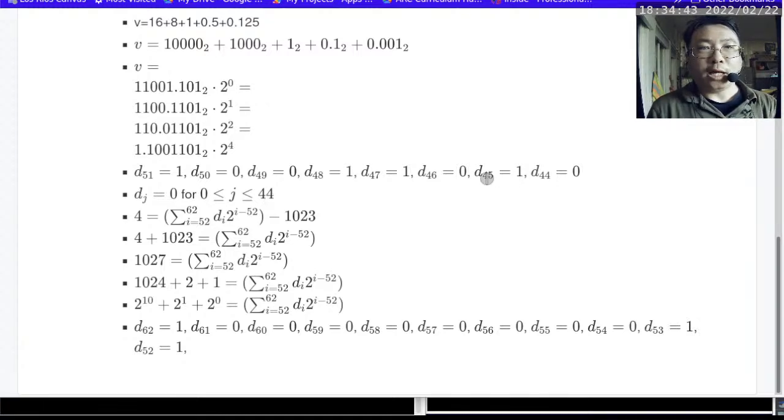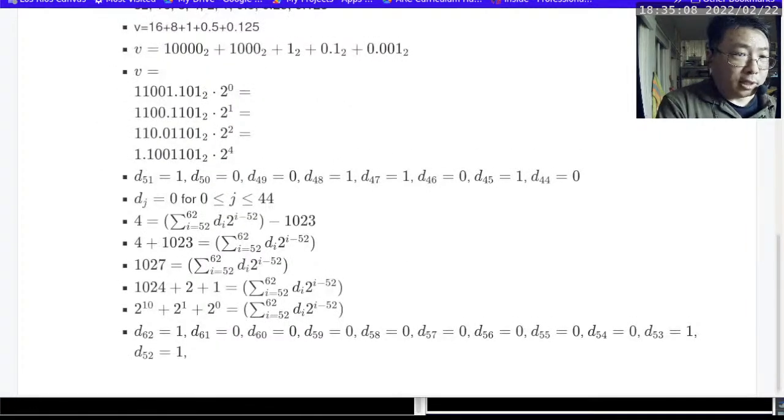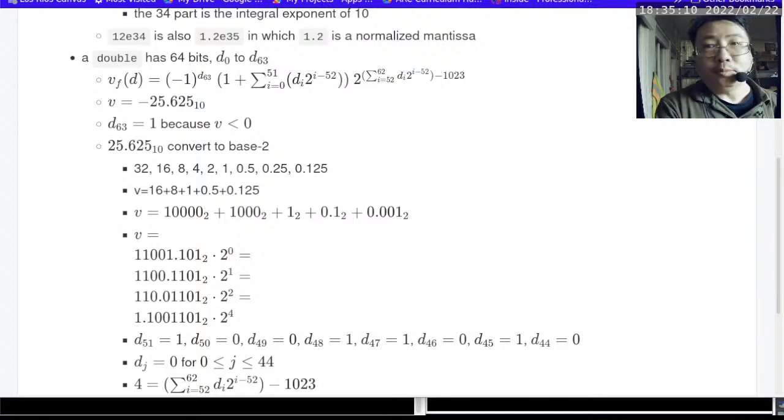Bit 45 is a 1, bit 46 is a 0, bit 47 is a 1, bit 48 is a 1, bit 49 is a 0, bit 50 is going to be a 0, bit 51 is going to be a 1, bit 52 is going to be a 1, and so on, up to bit 62 is going to be a 1, and then all the way up to the beginning, where we have bit 63 is a 1 because the value that we want to represent is negative. So we get to bit 63 is a 1. We got all 64 bits.